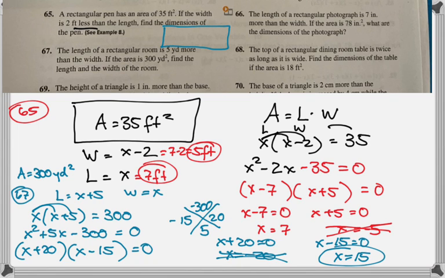You can't have negative walls. Or can you? I don't know. 15 is one and the other one is 15 plus 5, which is 20. So that's one type of word problem I want to talk about.